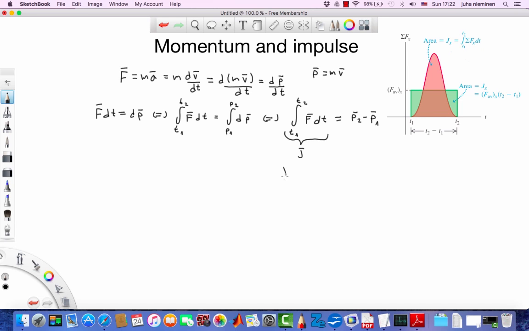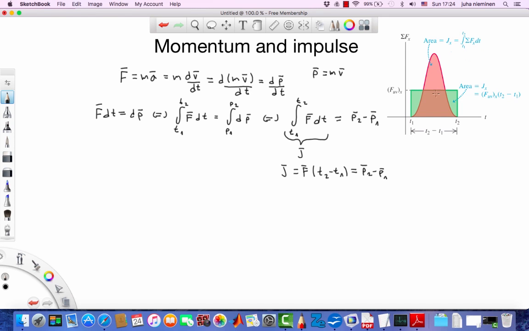In that case, the J would just be F times the elapsed time, like this. And that corresponds to the case of the green box where we see that the force is constant. So the impulse is just the force multiplied by the time t2 minus t1.